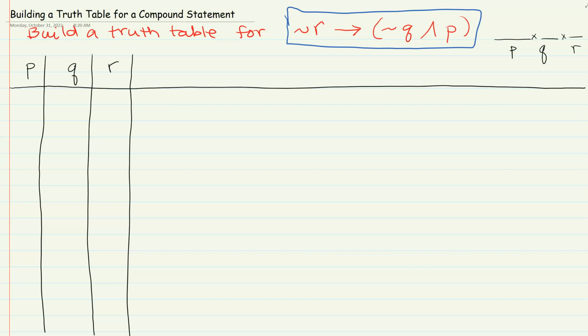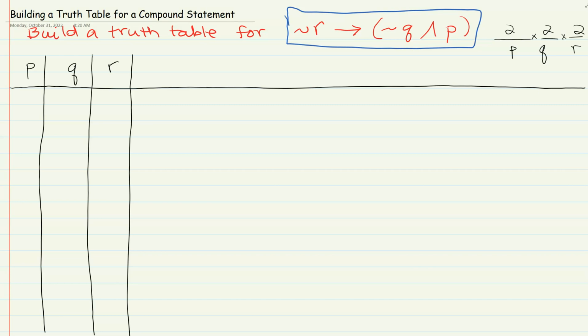If P has two choices, Q has two choices, and R has two choices of truth values, then there are a total of 2 times 2 times 2, which is 8 possibilities. So the question is, how do you list those 8 possibilities?